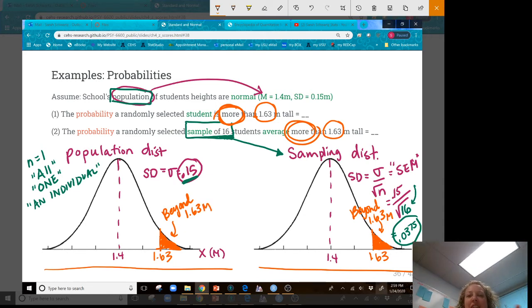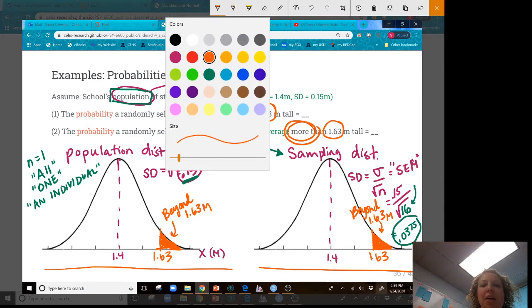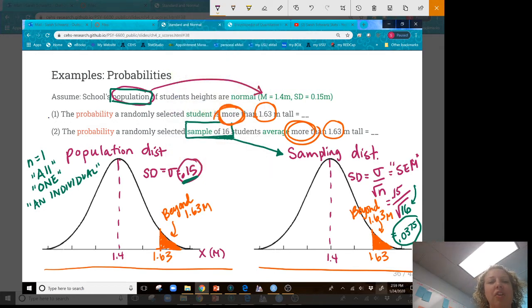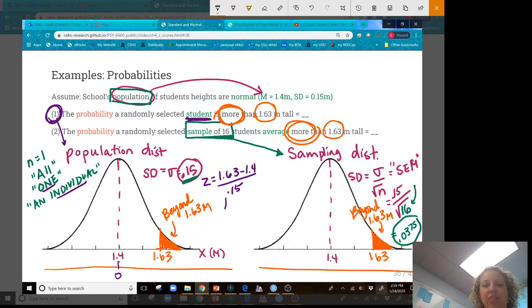But they're going to have a different z-score, because the first one says a randomly selected student, individually, 1. So to convert this to a z-score, we'd take our 1.63 minus 1.4, divided by 0.15 for this problem.